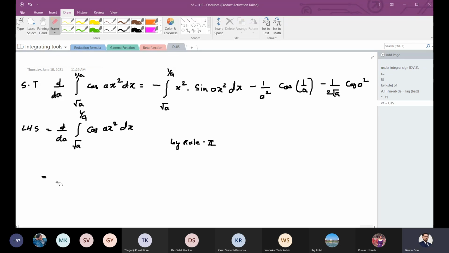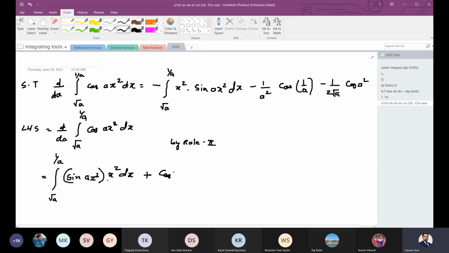So this will be integration root a to 1 upon a. Derivative of cos of ax square is minus sine of ax square, and by chain rule, derivative I'm taking with respect to a, so we'll have x square dx. Plus, in the integrand at the place of x you put the upper limit.